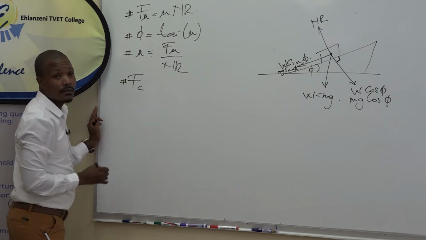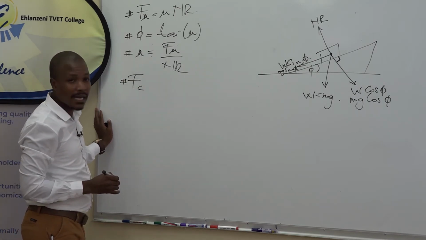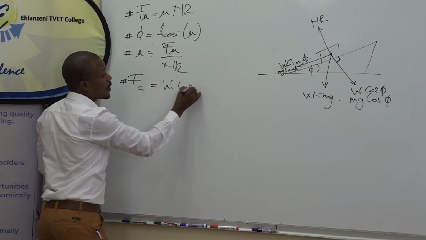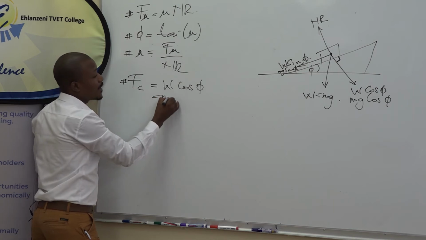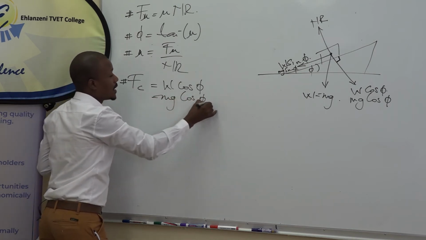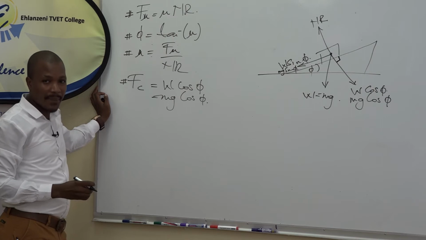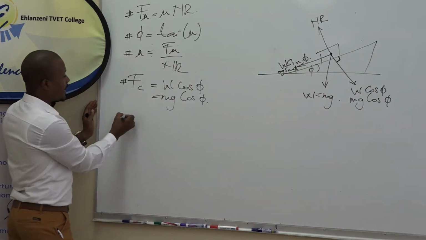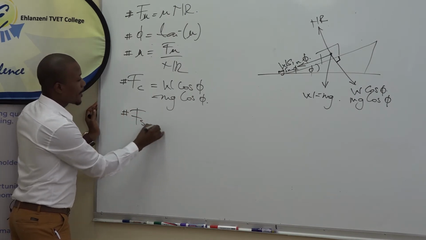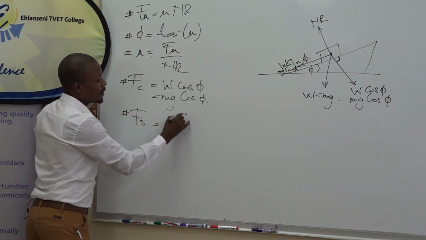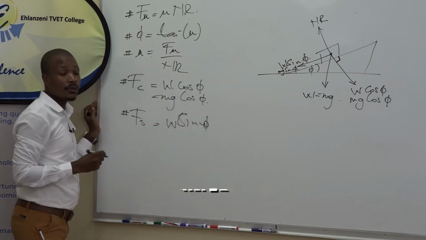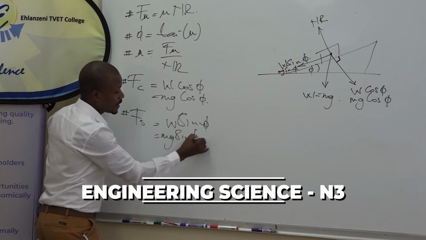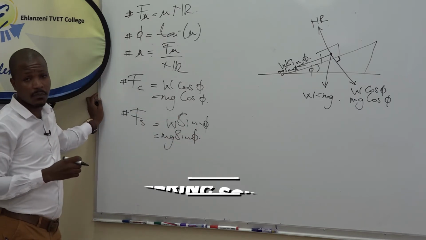The force perpendicular to the inclined plane is given by W cos theta, which is mg cos theta. And then the force parallel to the inclined plane is given by W sine theta or mg sine theta.